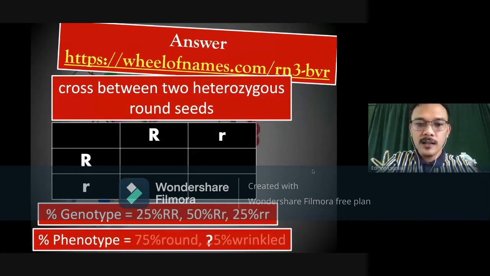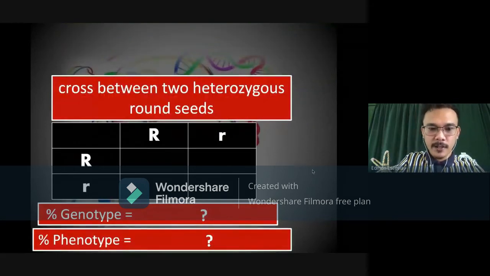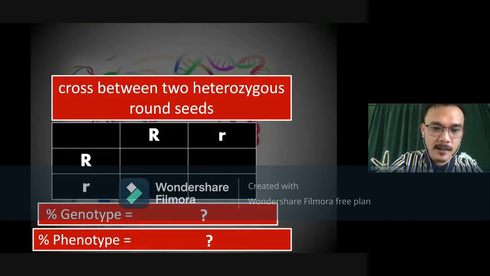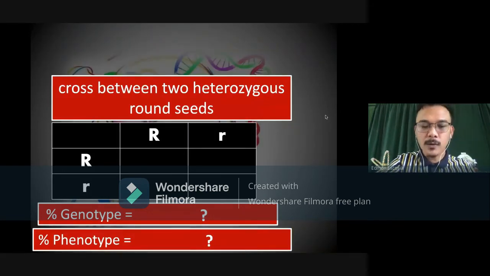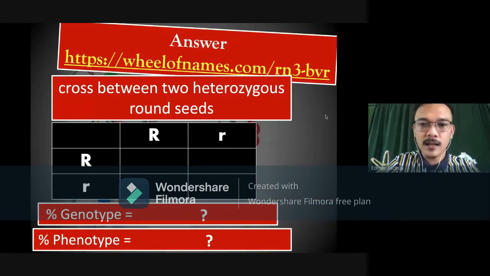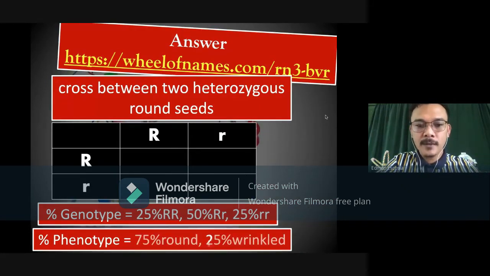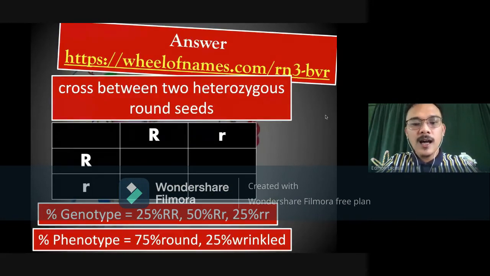Okay, so these are the correct offspring. I'm supposed to use my pen here, but it seems I'm having problems with my pen. Anyway, all of your answers are correct. So in terms of the genotype, capital R appeared only once out of the 4 offspring.